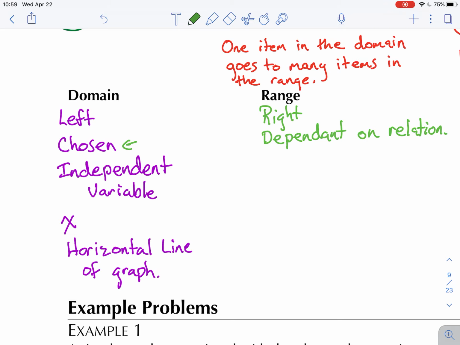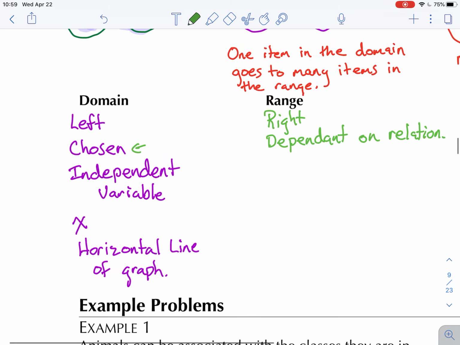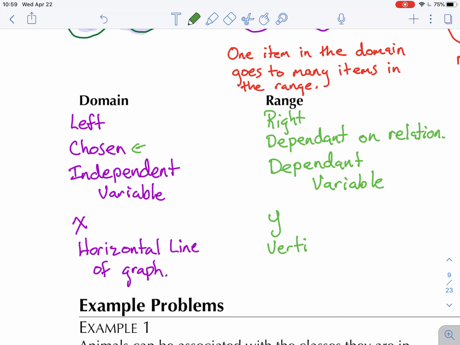We don't choose the range value and then the relation tells us what the domain value is. We choose the domain value. Then the relation will tell us what the range value will be. We call these our dependent variable. It is usually our y value, and it is the vertical line on the graph.